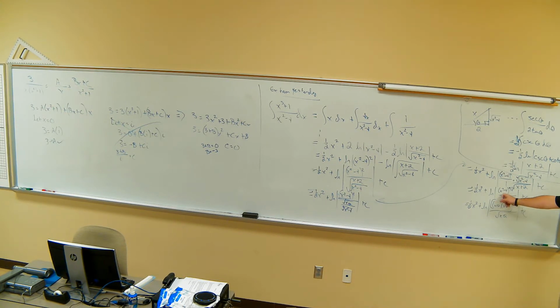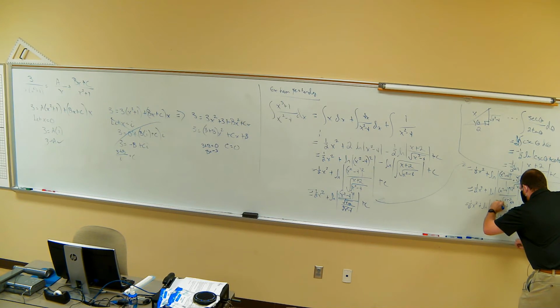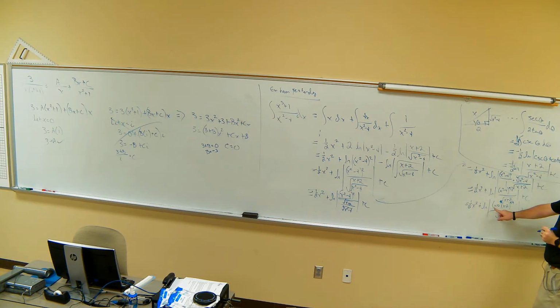X squared minus 4, you should be able to factor all night long, right? To give you x plus 2, x minus 2. So now you've got that product raised to the 9/4, and can bring that 9/4 in now. All right? So now, you have that. And now you can combine those two.